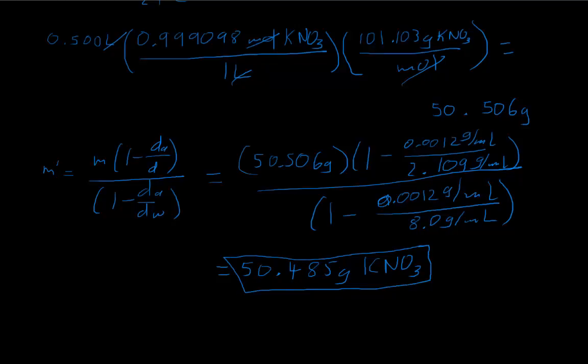This is what you would actually want your balance to read if you wanted to make up a solution that was precisely 1.000 molar at 20 degrees Celsius, even though you're at 24 degrees Celsius.